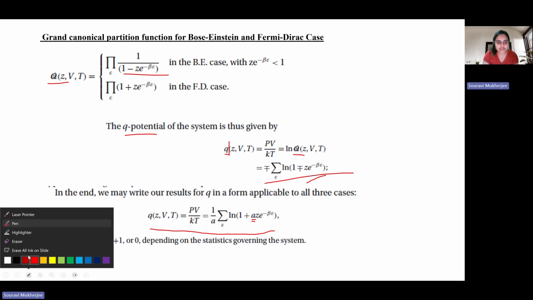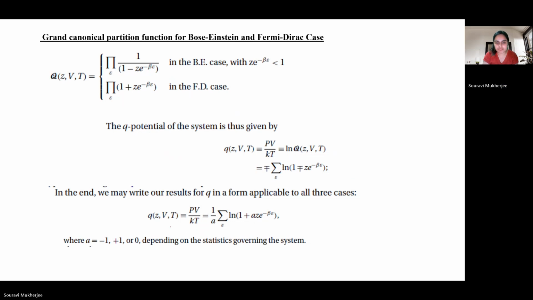So based on the different values of A, you can have different expressions for the Q potential. And you can understand Q potential is basically giving you a relation between the number distributions, or how the particles are distributed, and the thermodynamic variables like pressure, volume, temperature, and so on. So this is a very important relation.